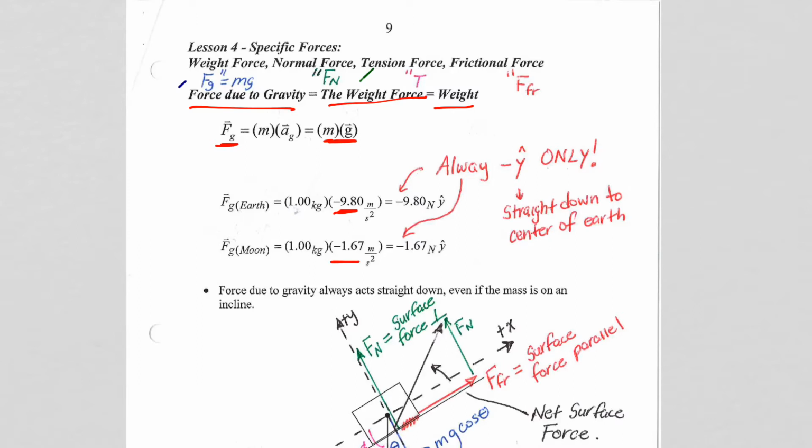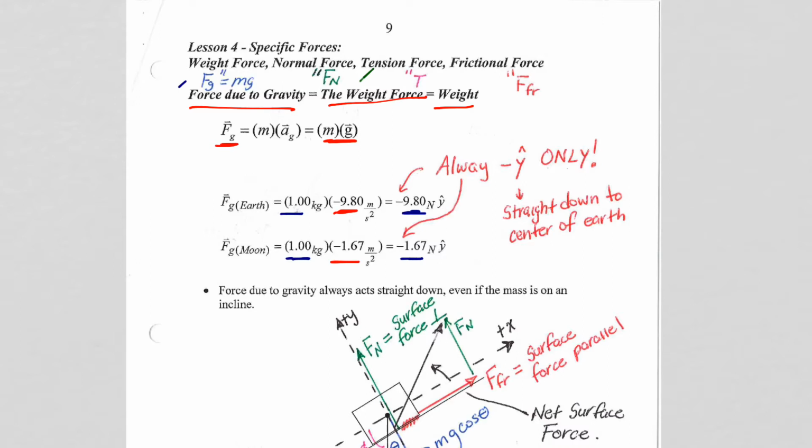Well, that means the weight of a 1 kilogram object on the Moon and on Earth is different. So on the Moon, a 1 kilogram object has a weight of 1.67 newtons, and on Earth, that same 1 kilogram object has a weight of 9.8 newtons.